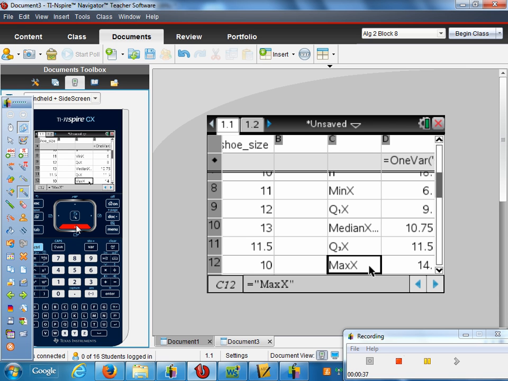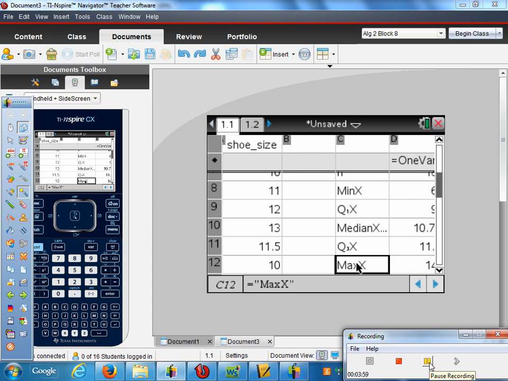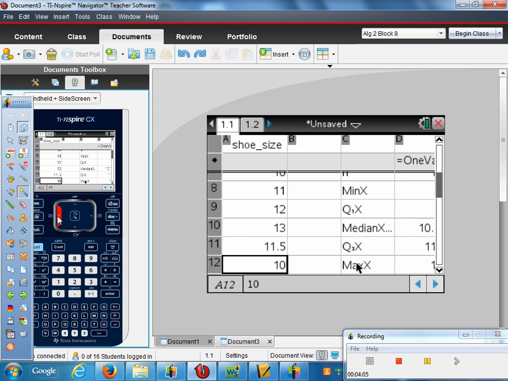About the only way you can get mode is to sort the data in order so that you can look down through the list and find the most frequent value. If you want to sort this data, the hard part is to remember that you must move your cursor over to the column where the data is located.